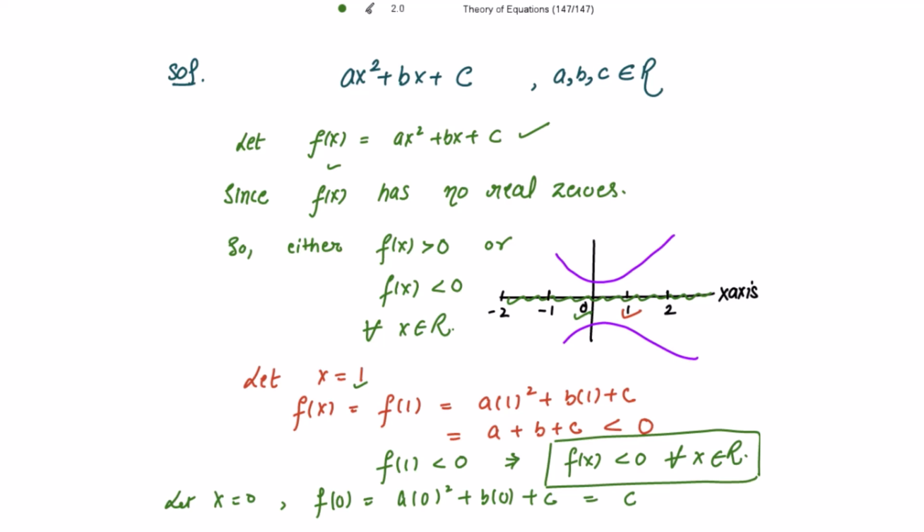Now because I know that f(x) is negative for every value of x belonging to the real numbers, f(0) is negative, so f(0) should also be negative. And what is f(0)? It is c. So c is negative.